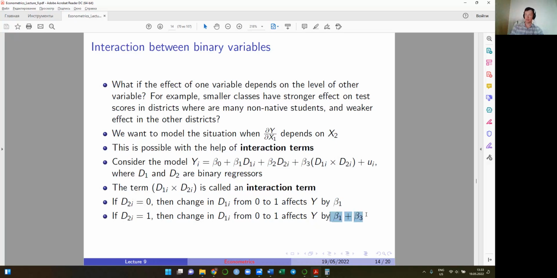So this effect changes. If D2 is 1 and you change D1 from 0 to 1, then the effect is going to be beta 1 plus beta 3. This is the way we model this nonlinearity, the effect of one variable which depends on the level of the other variable.